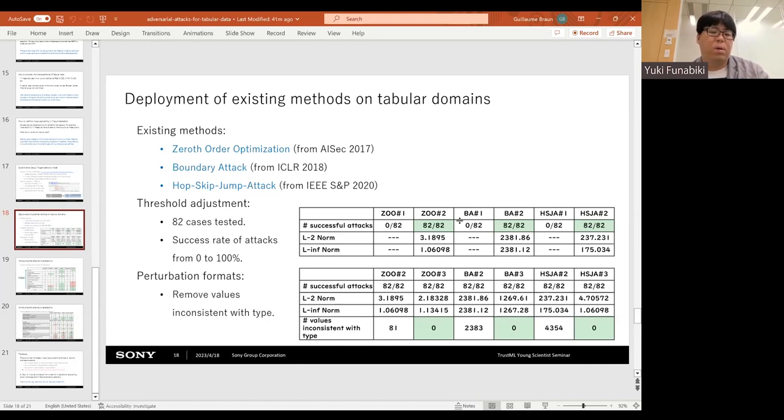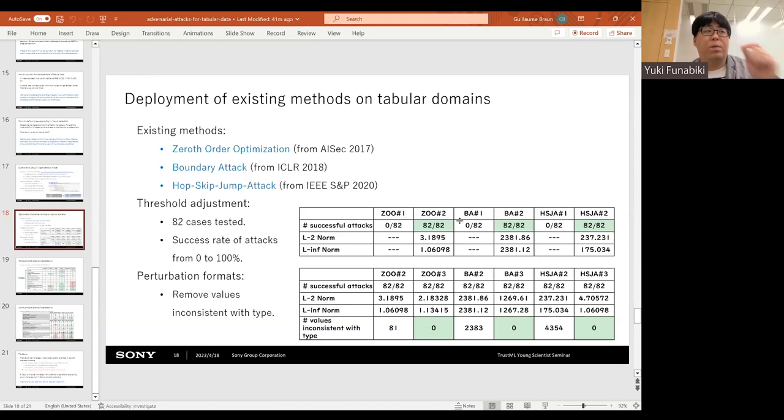And the algorithm has to use other information like confidence. So it means this transaction is 90% benign or 10% malicious.